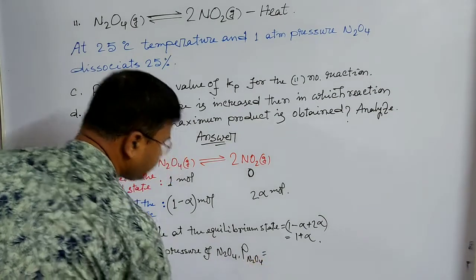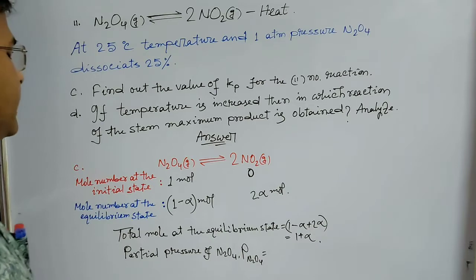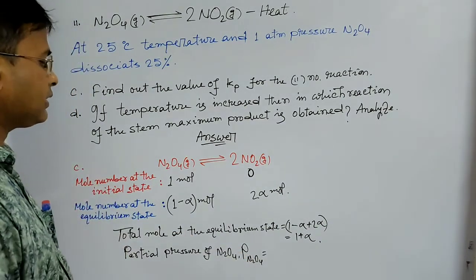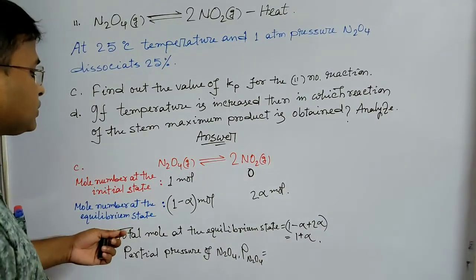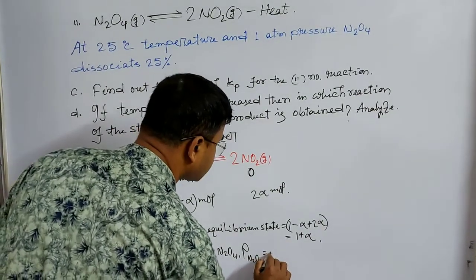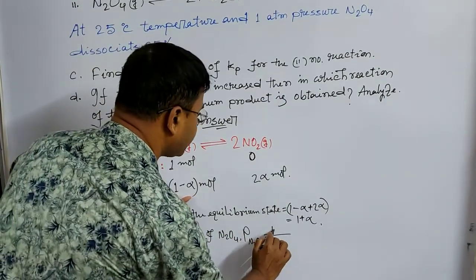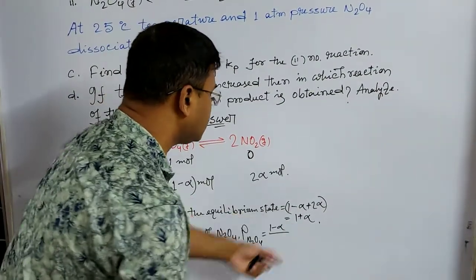P(N2O4) equals, all of you know that partial pressure equals mole fraction into total pressure. Let the total pressure be P, so mole fraction equals mole number of nitrogen tetraoxide, 1 minus alpha, divided by total mole number.